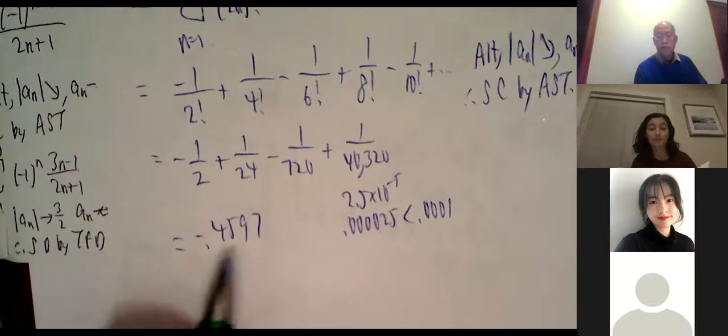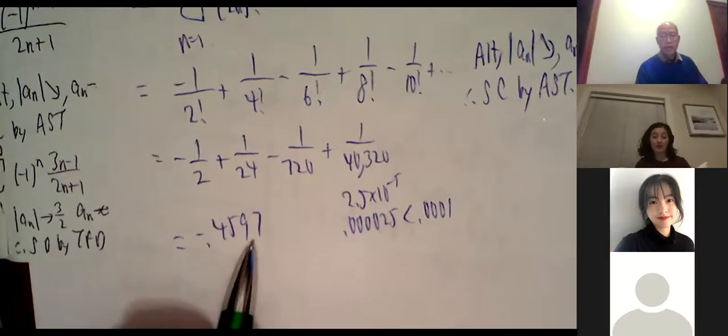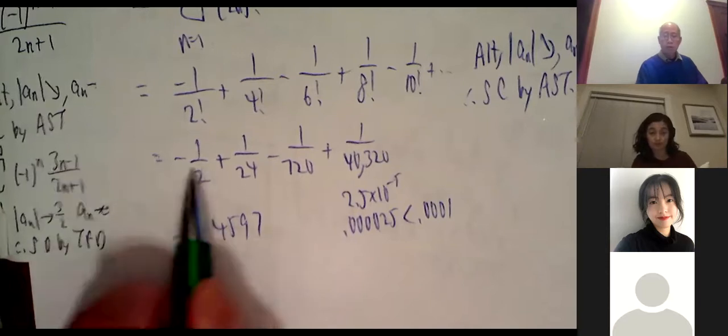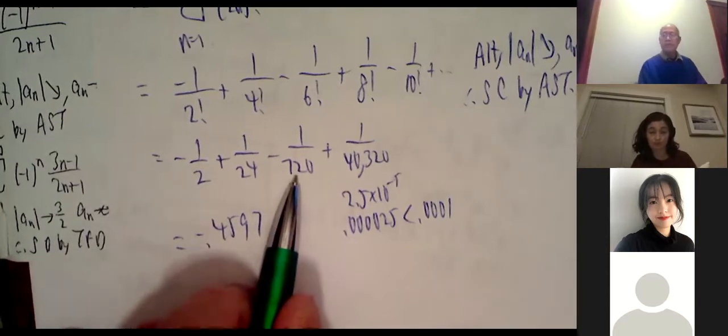So the true value is between negative 0.4598 and negative 0.4596, by only adding 3 terms instead of infinitely many terms.